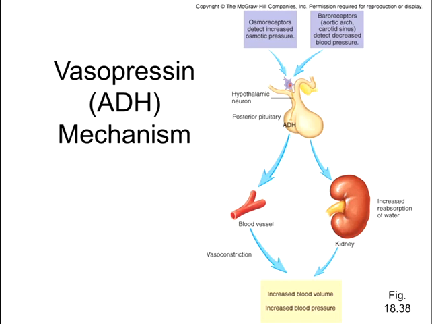There are medications to treat it. But when it's neurogenic or central, where the pituitary is the problem, they can just take ADH, either as a nasal spray or by injection, and use that to help regulate their blood volume.